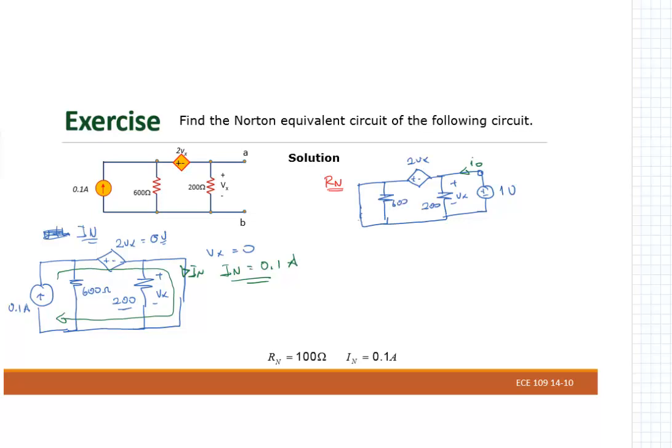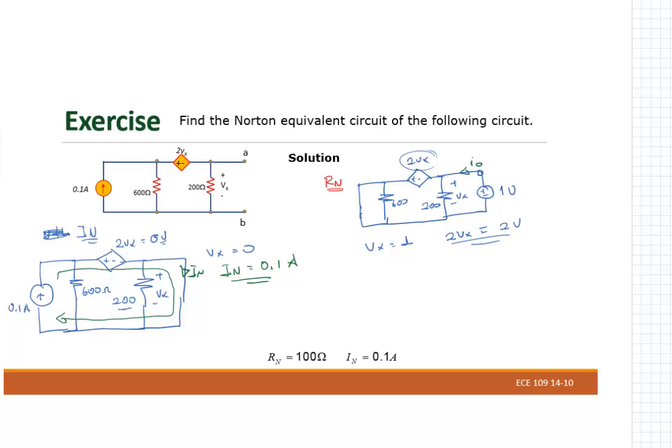So we know the Vx value. Vx is in parallel with the 1 volt source, so Vx is 1 volt. That means the 2Vx here will be equal to 2 volts. I can find this current easily.